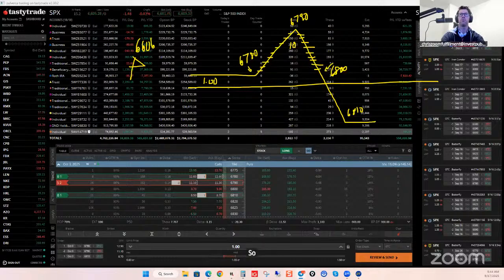So $1 profit if SPX is less than 6780 by expiration. 10 wide profit trap between 6780 to 6799. Break even is 6,800. And then risk would be $900 risk, $9 risk, if price is greater than 6810 by expiration.